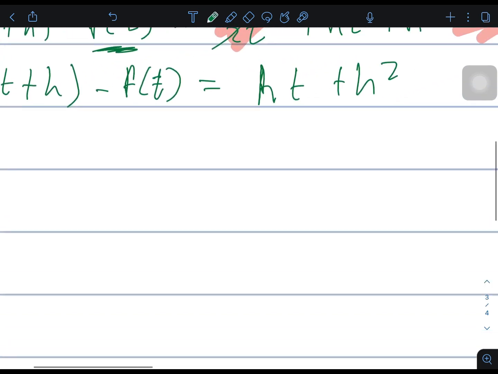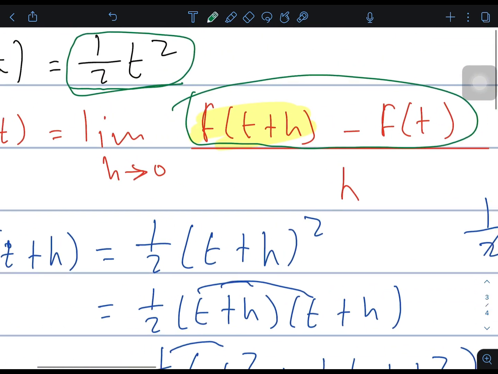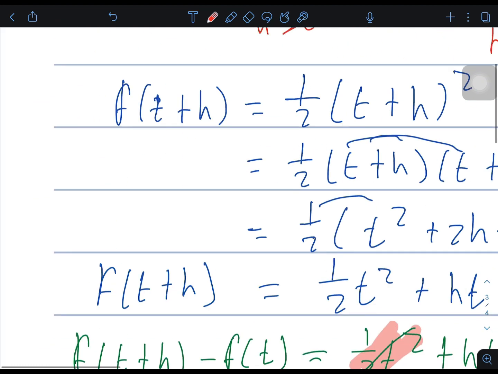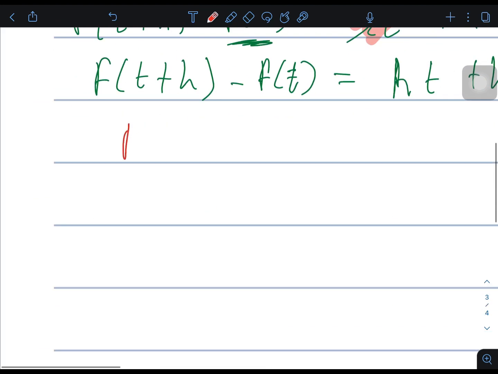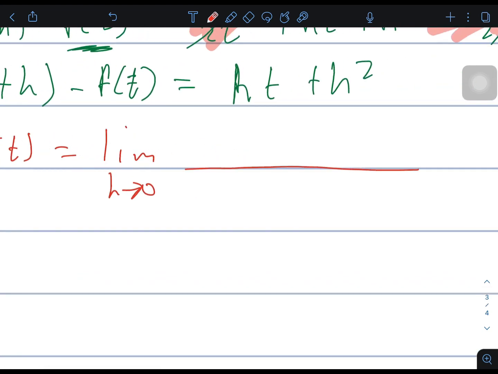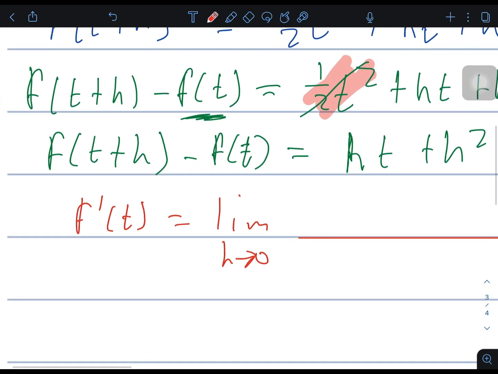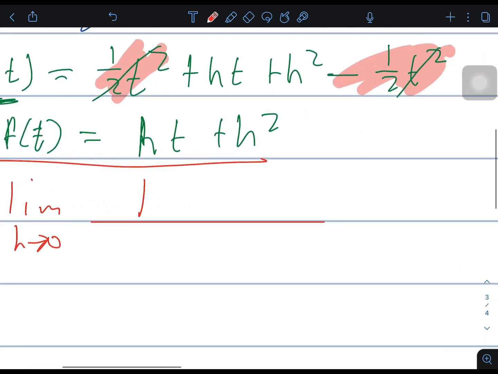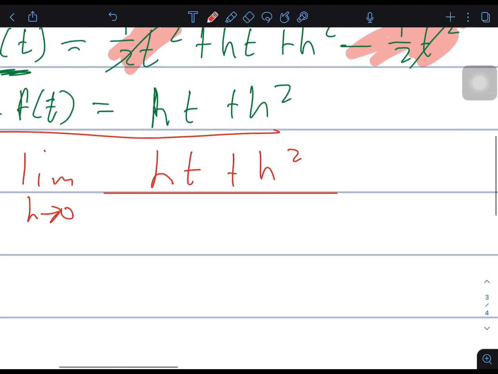Okay, so we substitute here into the formula. f prime of t is equal to the limit as h approaches 0 of f of t plus h minus f of t, which we simplified to h t plus h squared over h.